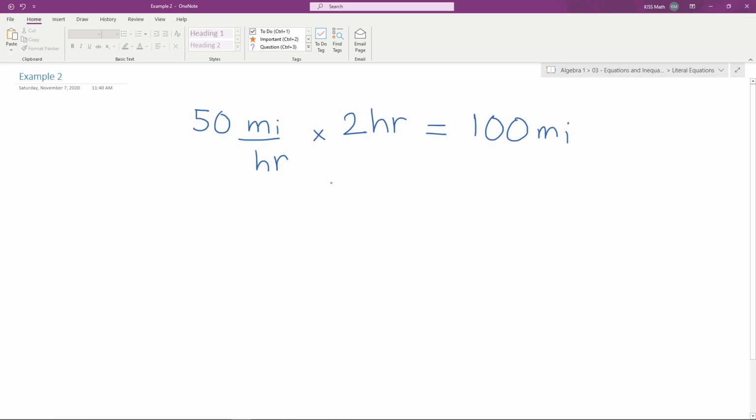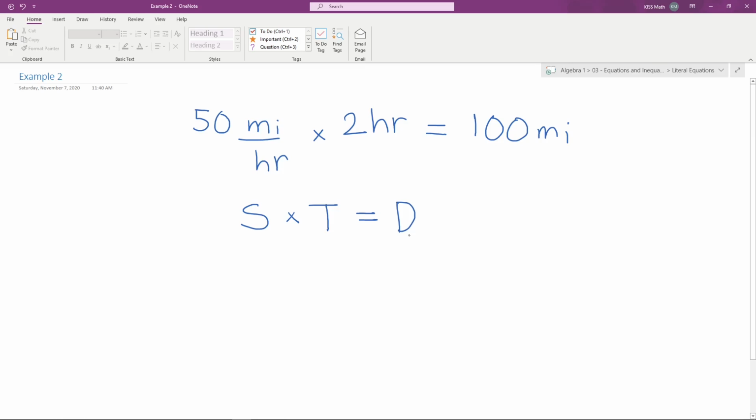But if you don't know the speed, nor how long you were driving, then all I could say is that you were going at some speed s for some amount of time t to travel some total distance, d.